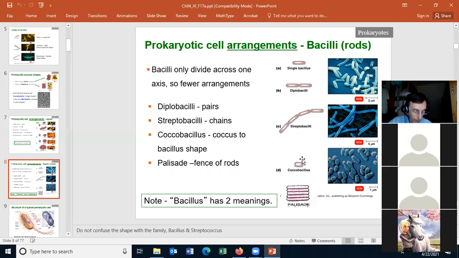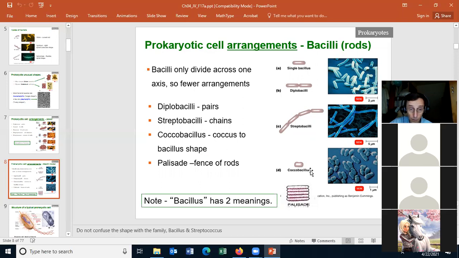You might even have one for your unknown bacteria. I'm not sure why this is put in with the bacilli, because this is a coccobacillus, not a bacillus. And you could argue it's as much of a coccus as it is a bacillus. All right, any question about any of that?